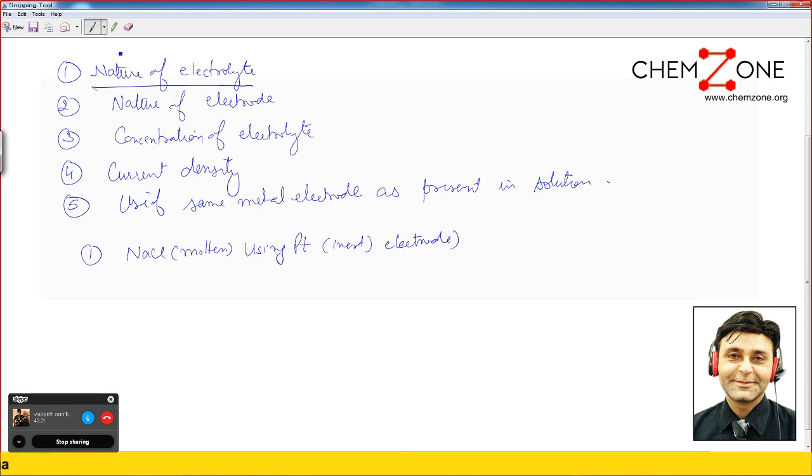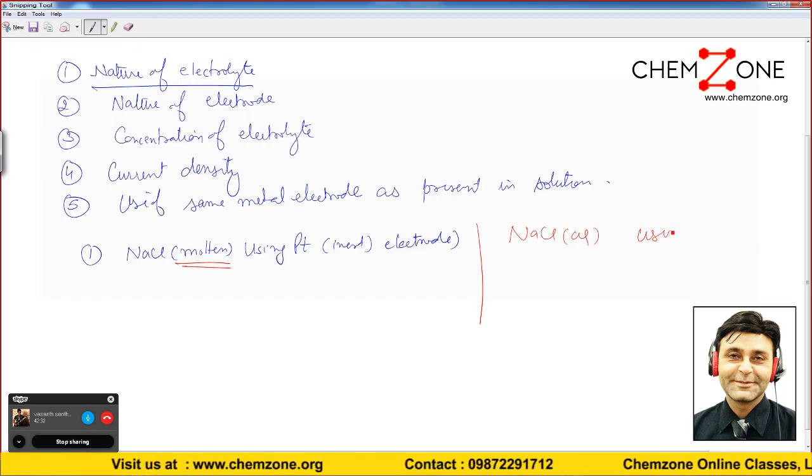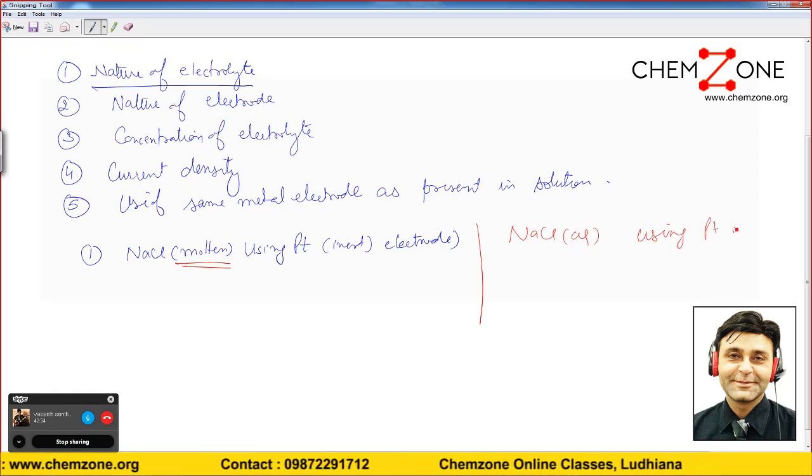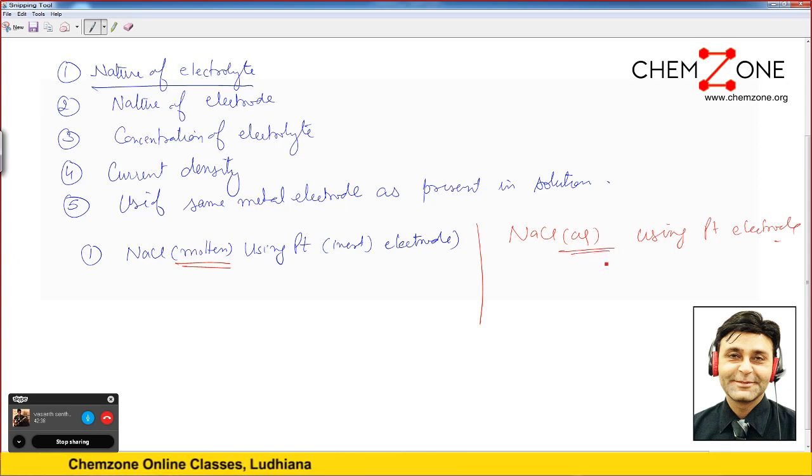The point here is we are using molten, and in the other case I'll discuss NaCl as aqueous using platinum electrode. Aqueous means when dissolved in water, and molten means when it is in the molten state, if we have heated it and brought it to the melt form.